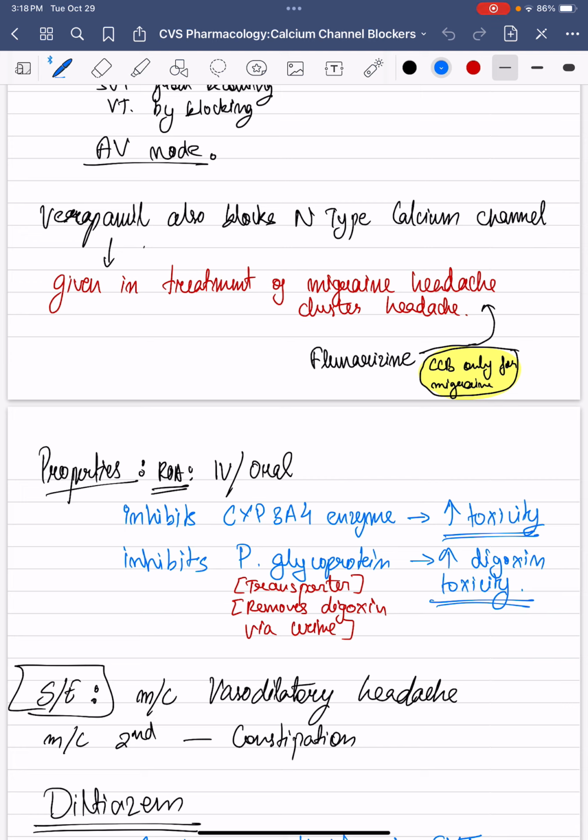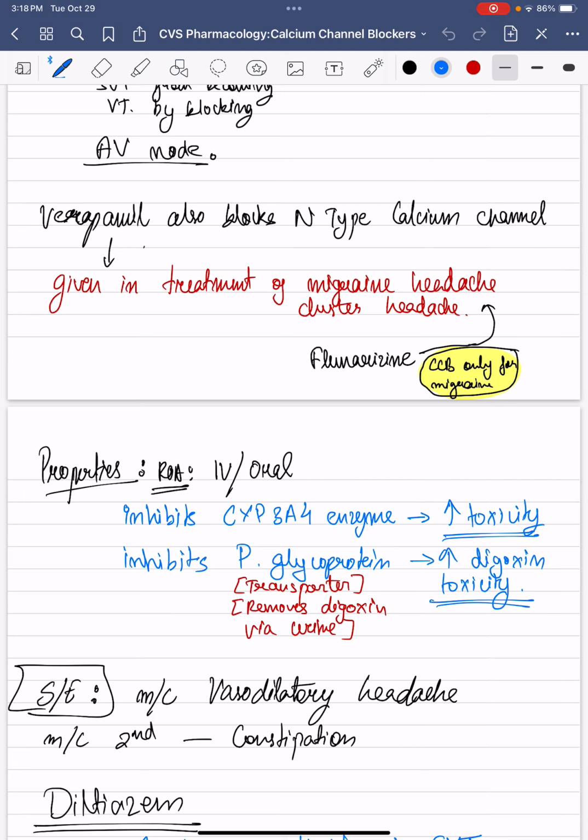The route of administration of verapamil is by intravenous injection or by oral route. It inhibits the cytochrome enzyme CYP3A4, which leads to increased toxicity, because CYP3A4 is very crucial for detoxification of certain chemicals, and it inhibits the P glycoprotein also, so there will be increased toxicity to digoxin.